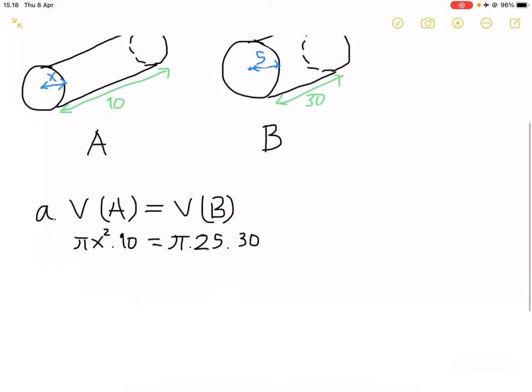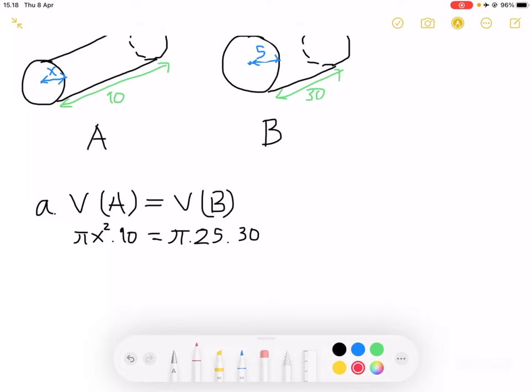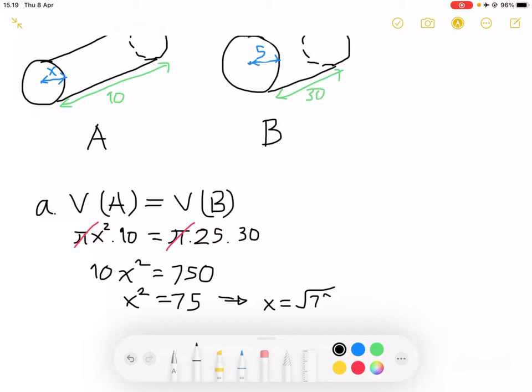Alright, so first notice that we can cancel out these pi's, and then we have 10x squared is equal to 750, and therefore dividing 10 on both sides, you get x squared is equal to 75, which means that x is equal to the square root of 75.